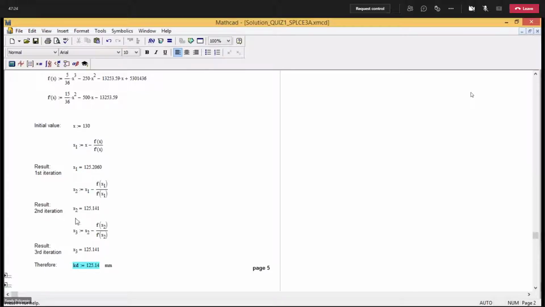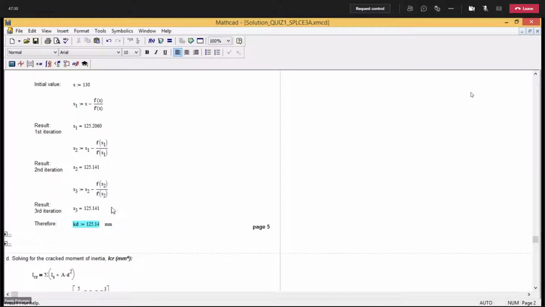Okay, again you use again this one. So that will be now for the third iteration. It shows here that at the third iteration, yung value mo hindi na nagbago. Pag hindi na nagbabago yan, that's already the value of your KD. So therefore, our KD is 125.14.